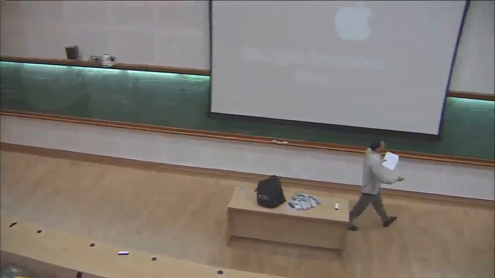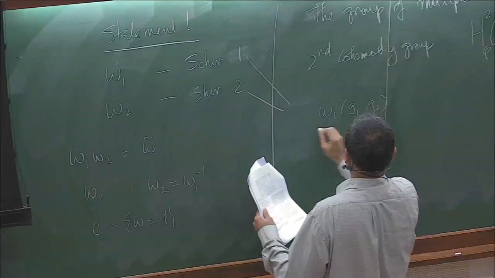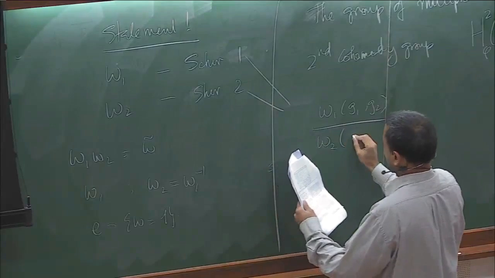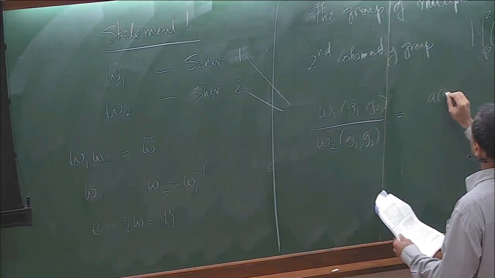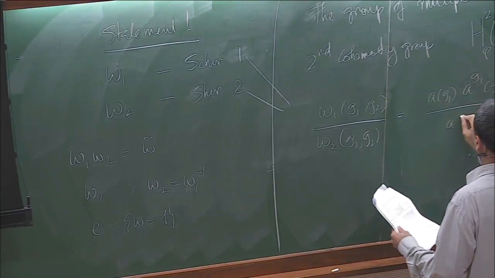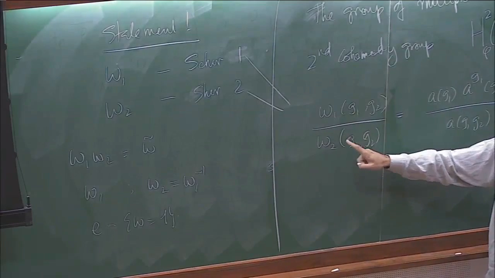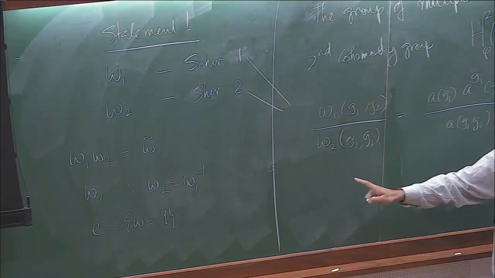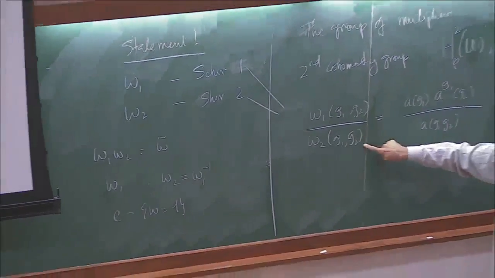Right? So if I have multiplier system 1, if I have Schur 1 and Schur 2, and it turns out that if I take omega 1 and omega 2, remember, these are n squared relationships, that there is another function on the group G, which is called A, and this ratio is always this.